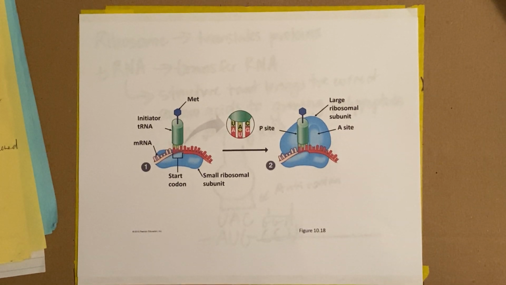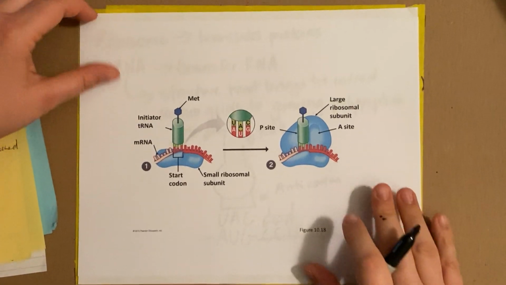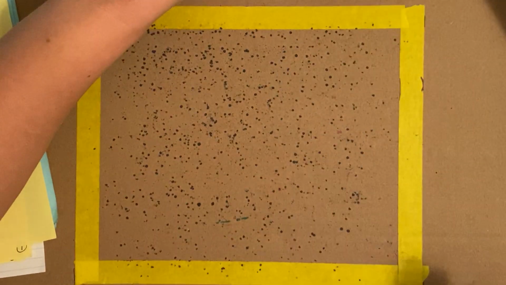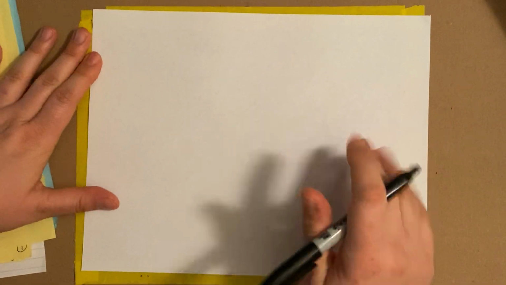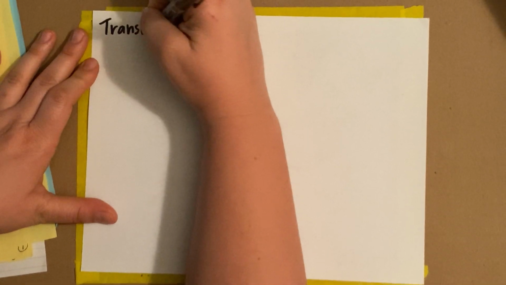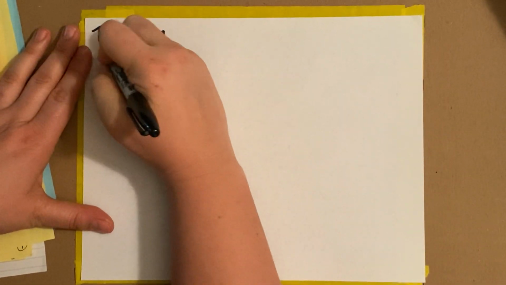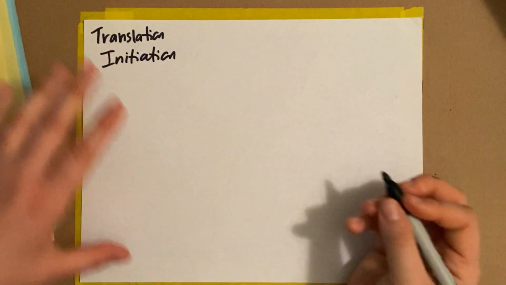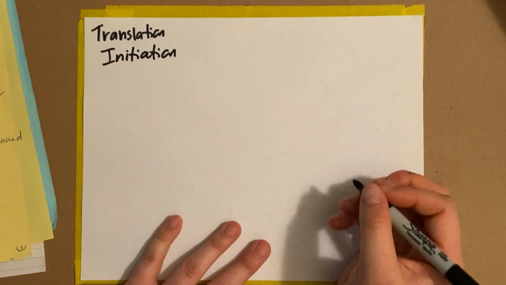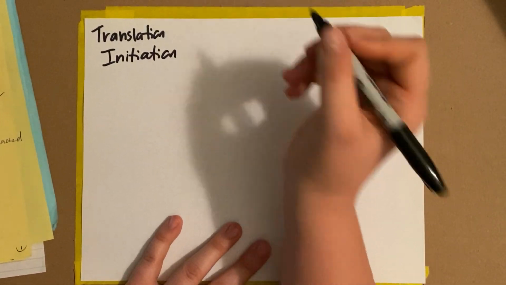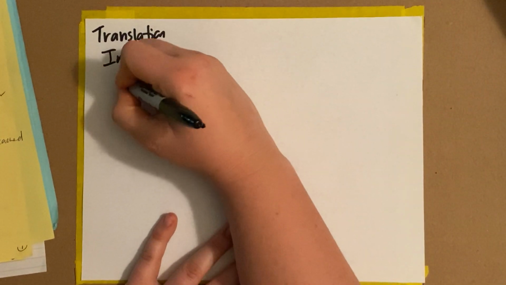And so this is called initiation. Okay, so the first step of translation is going to be initiation. Okay? All right, and this involves the first time we're going to start talking about the ribosome in more depth.